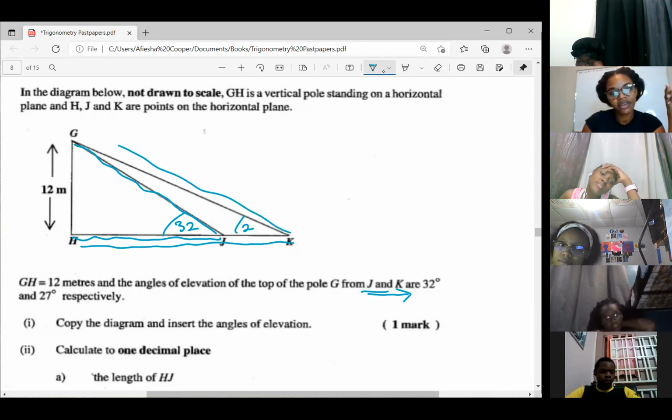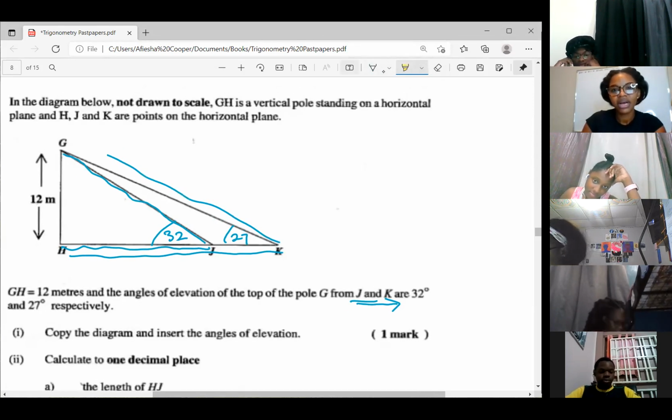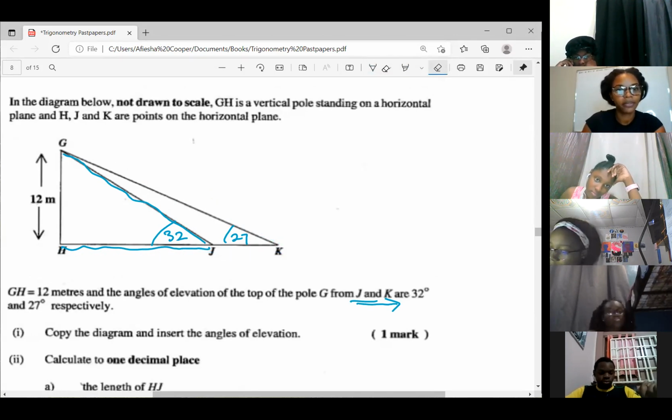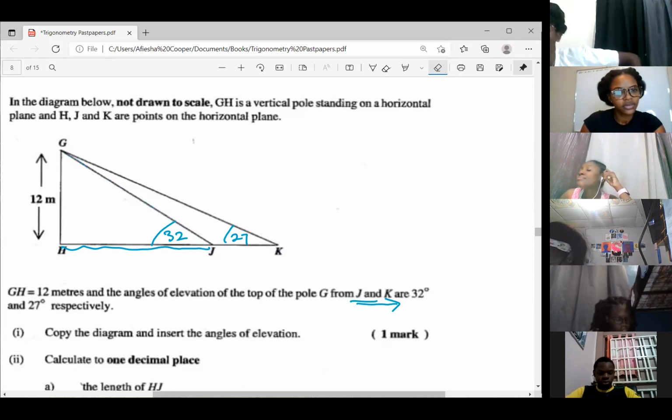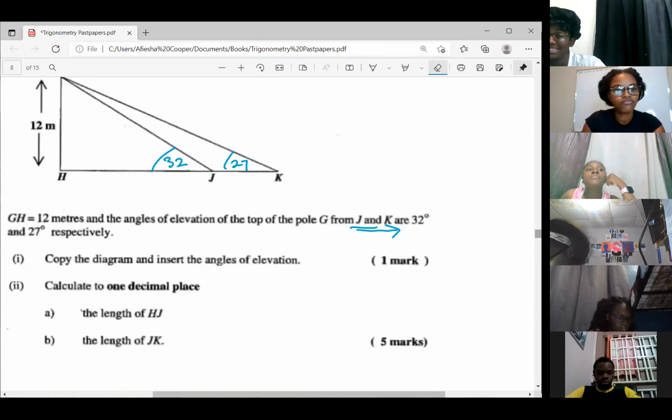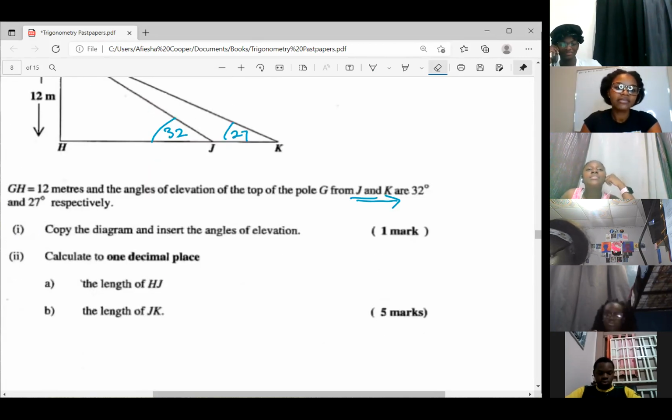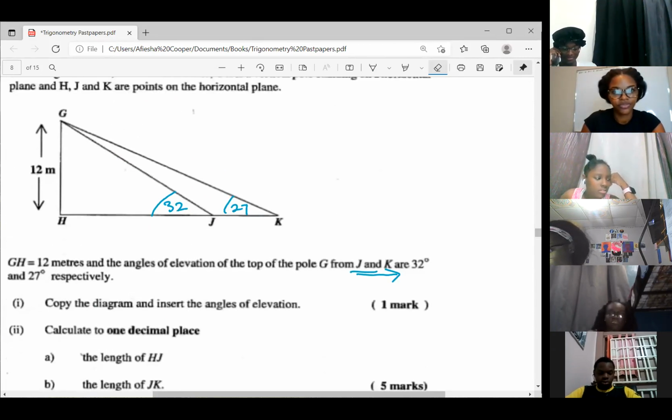So here will be 27. You will lose a mark if you put 32 all the way there. So, okay, what's next? Calculate, to 1 decimal place, HJ.